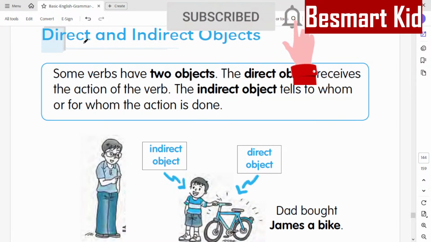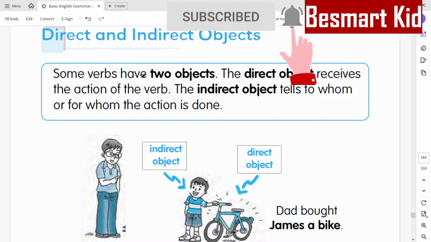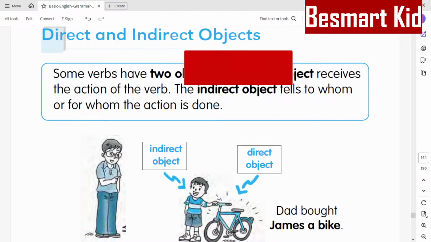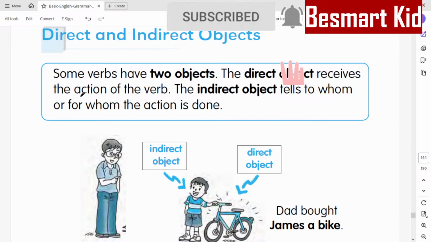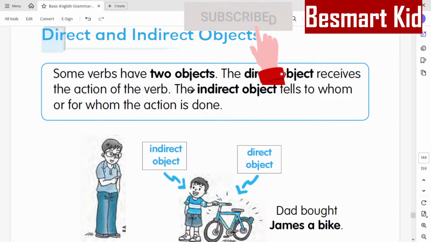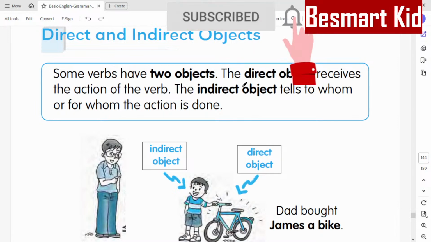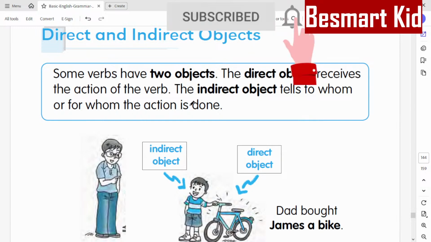Now we have direct and indirect objects. Some verbs have two objects. The direct object receives the action of the verb, and the indirect object tells to whom or for whom the action is done.